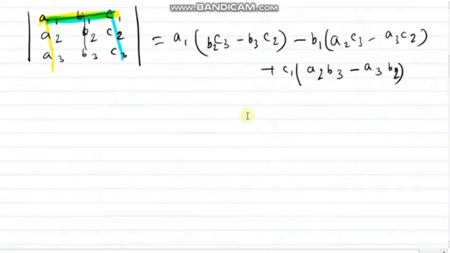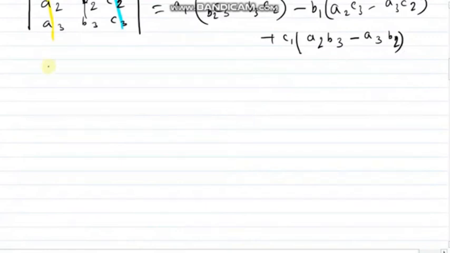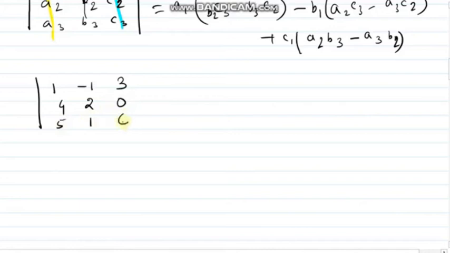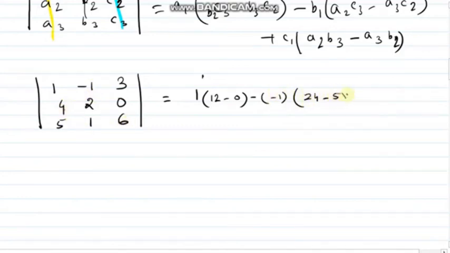Let's find some values of determinants. Suppose the determinant is 1, minus 1, 3, 4, 2, 0, 5, 1, 6. For 1 it will be 2 into 6, 12, minus 1 into 0, 0, right? Next one it will be minus of minus 1 into 4 into 6, 24, minus 5 into 0, that is also 0.